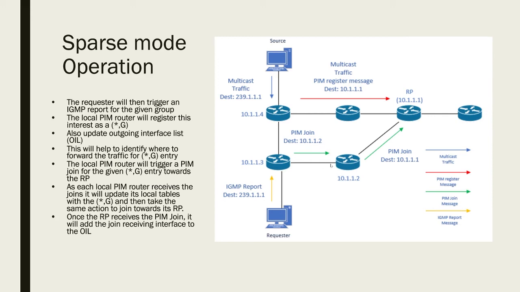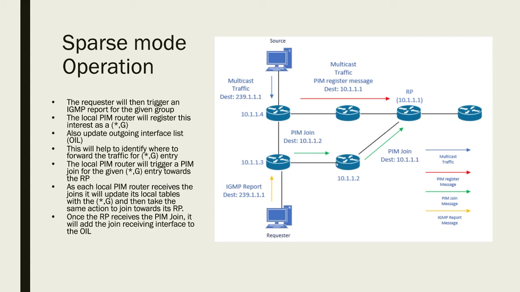So while we have this star,G state on this 1.3 device, we know obviously we've got an outgoing interface that is connected to this requester, and we have some kind of incoming interface that could potentially be identified. Now this .2 router here in the middle, when it receives the PIM join message, it's going to say, okay, I've just received a join.